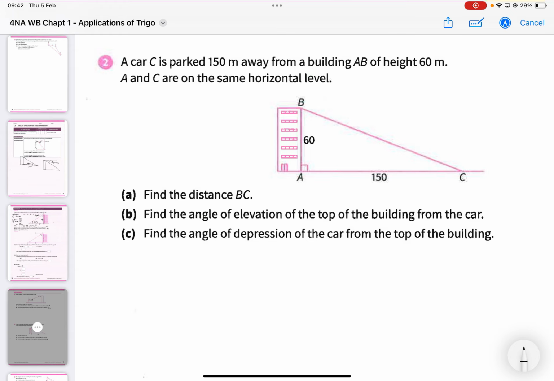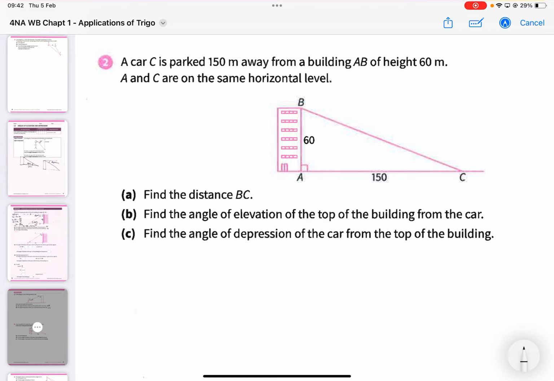When they tell us it's a building, a building is normally built 90 degrees to the ground, and seldom we have buildings that are not straight. So buildings here usually are 90 degrees. Then A and C are on the same horizontal level. Find the distance BC.